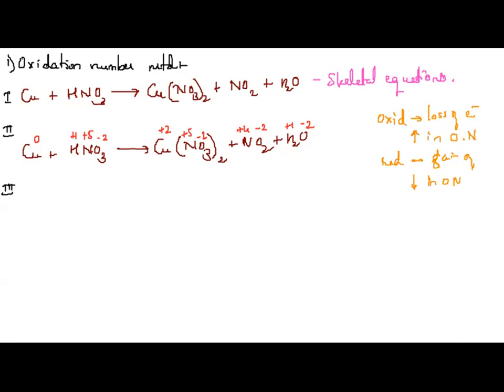So identify it. Cu from 0 is becoming +2. Shall I write it here? Cu from 0 is becoming Cu +2 in Cu(NO3)2. I will call this equation 1. Second case, what is happening?